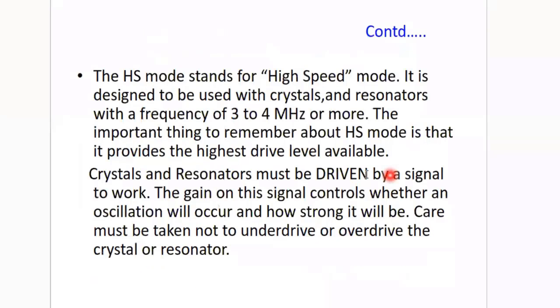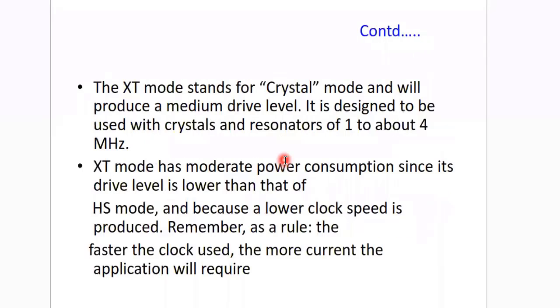Same thing is given here, but the specifications you can see here. HS mode stands for high speed mode, and it will be used with crystals or resonators. It is used with 3 to 4 megahertz clock signals. This HS mode provides the highest drive level. Coming to the next mode, XT mode or crystal mode, it will produce a medium level drive.